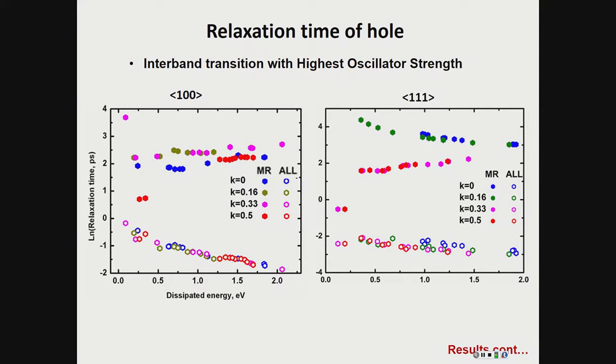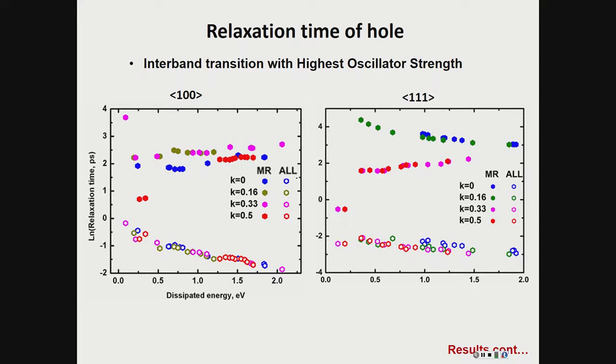I'm telling that when the electron and holes come back to the LUMO and HOMO, electrons will come back to the LUMO and holes will come back to the HOMO. So their relaxation times are faster for all transitions, but I did not think about which one is faster, electrons or holes.